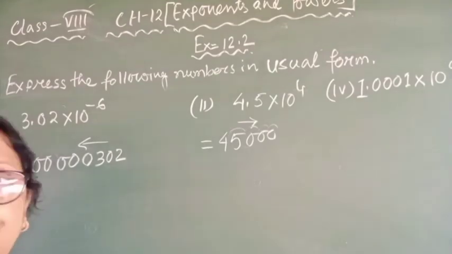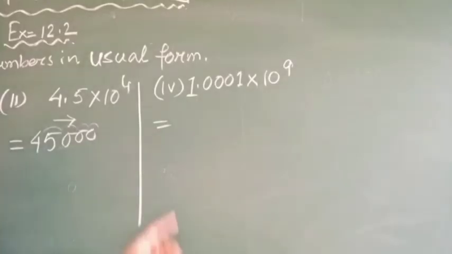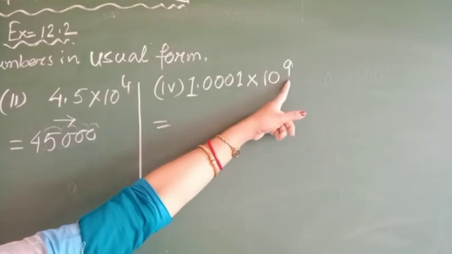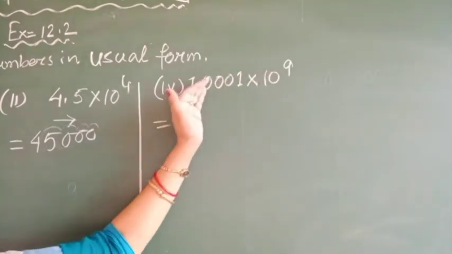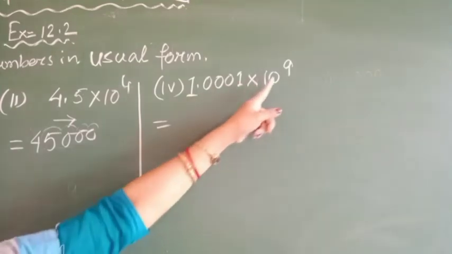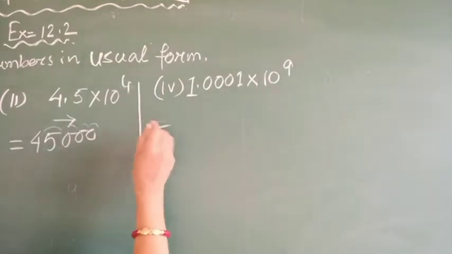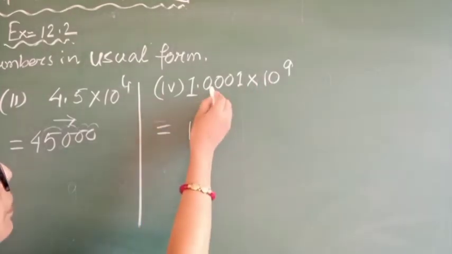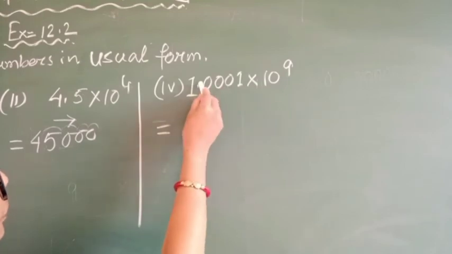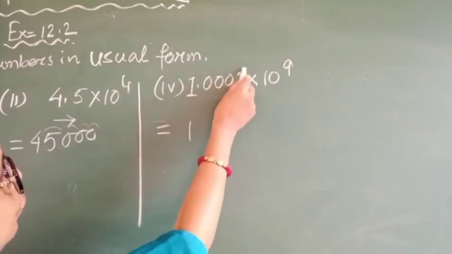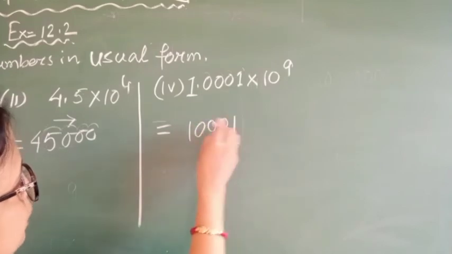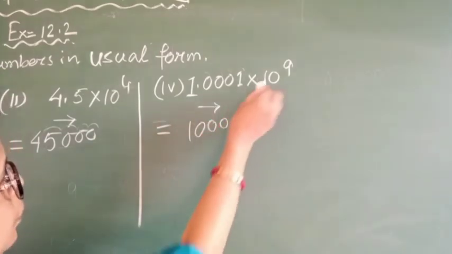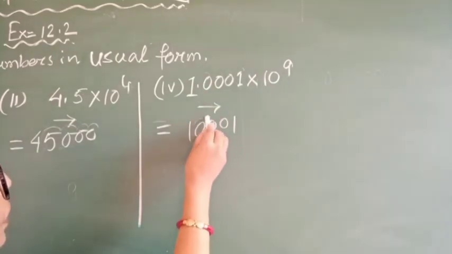Next sum, same positive power, and the point will move to the right side because the power is positive. So the result will be 1, and how many places is the point? 1, 2, 3, 4. So 0, 0, 0, 1. The point is moving right side because of the positive sign. 1, 2, 3, 4.